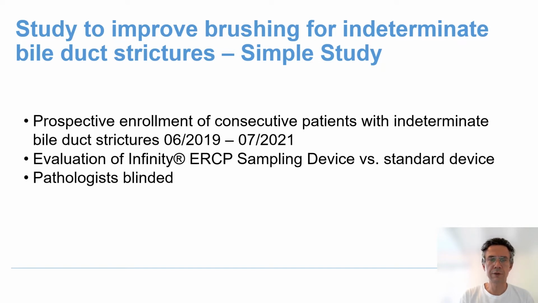We prospectively enrolled consecutive patients with indeterminate bile duct strictures from June 2019 to July 2021 at Hanover Medical School, where I was the head of the endoscopy unit. We evaluated the Infinity ERCP Sampling Device versus our standard device, which we used regularly to analyze bile duct stenosis. Our pathologists were blinded for the specimens and they analyzed both brushes.